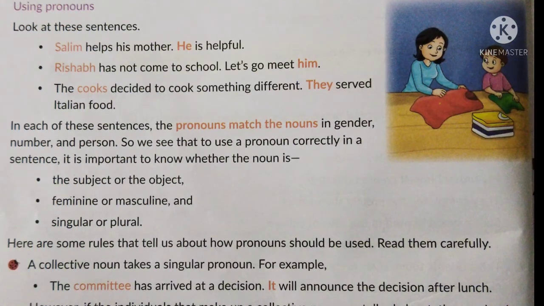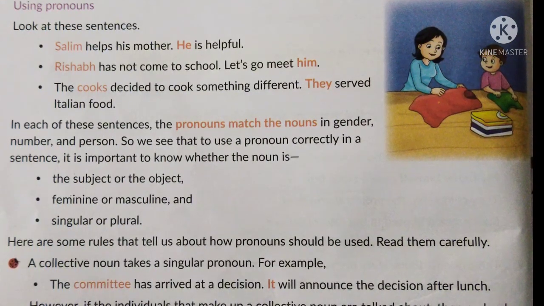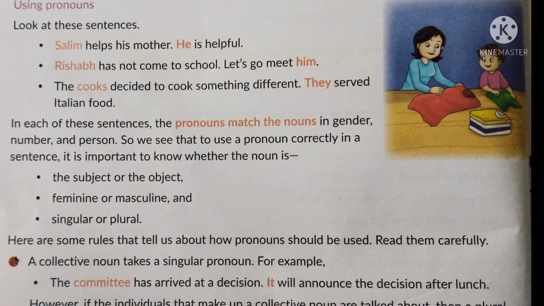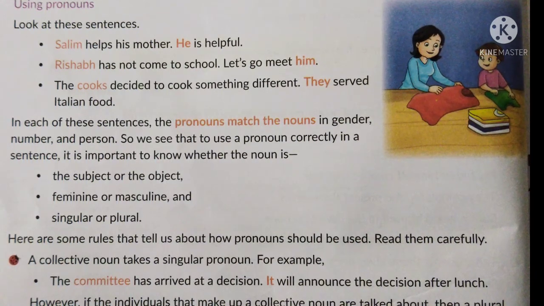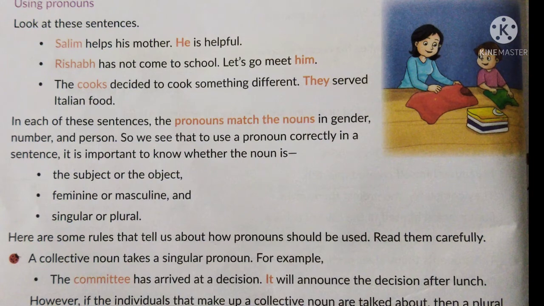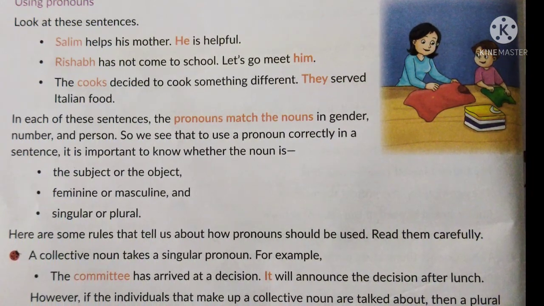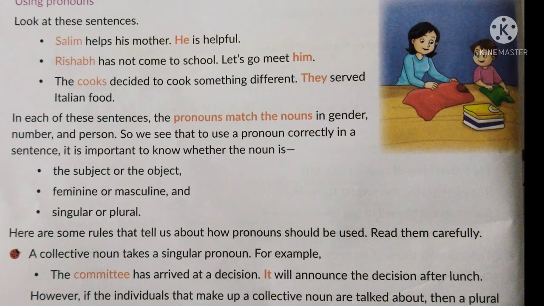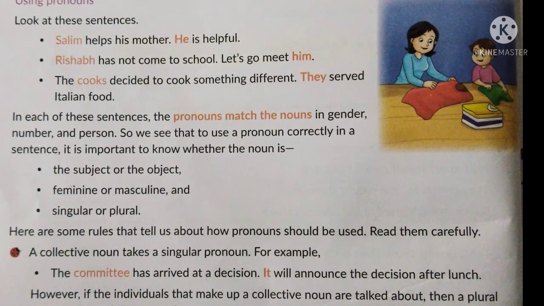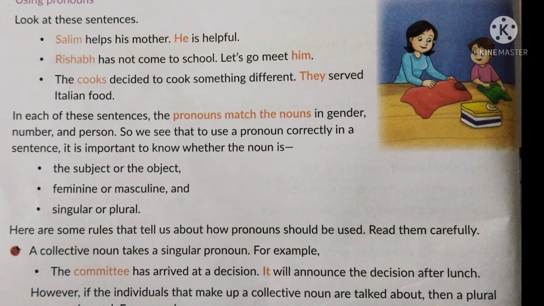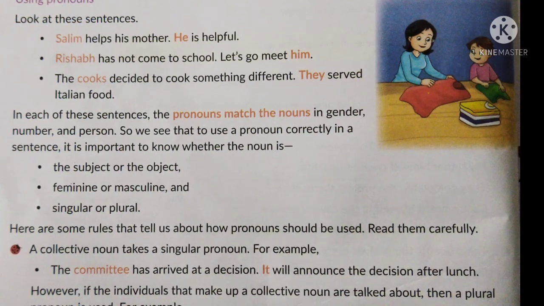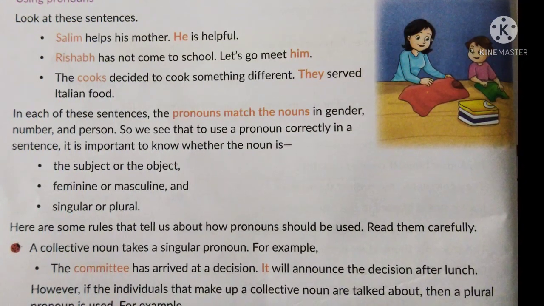The cooks decided to cook something different, they served Italian food. In all the highlighted words, students, you can see the nouns Salim, Rishabh, cooks, and the pronouns being used like he, him, they. In each of these sentences, the pronouns match the nouns in gender, number and person.